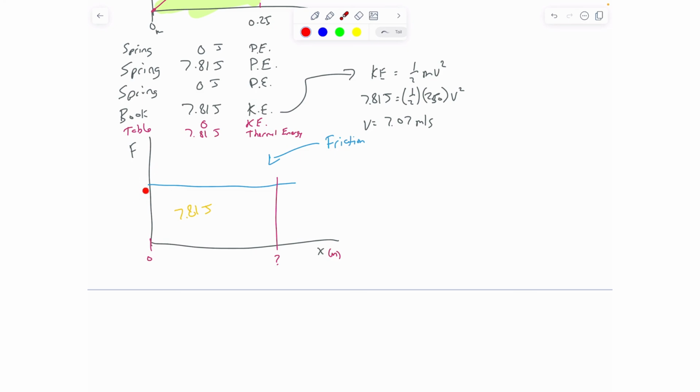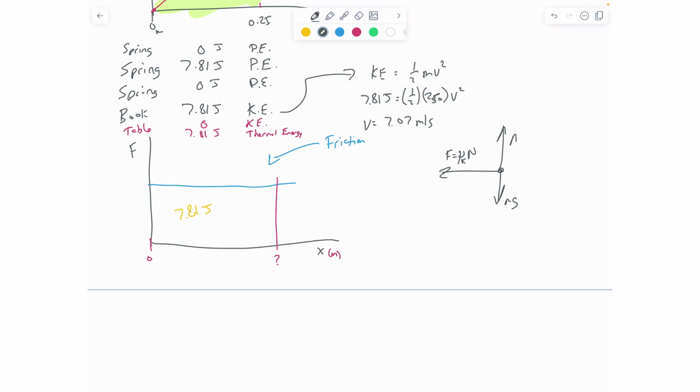Now remember, this is friction. If we draw our free body diagram, this is the book, this is mg, or weight, and this is the normal force, which is opposite of that. Then our frictional force is this way. Remember, friction is mu sub k, kinetic, times the normal, and the normal is just mg.